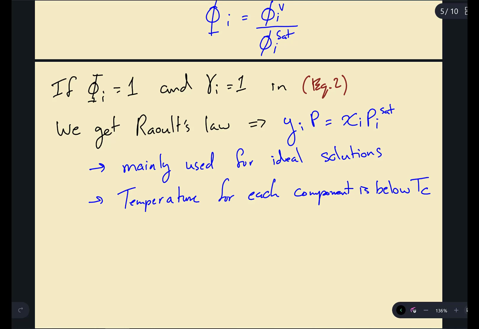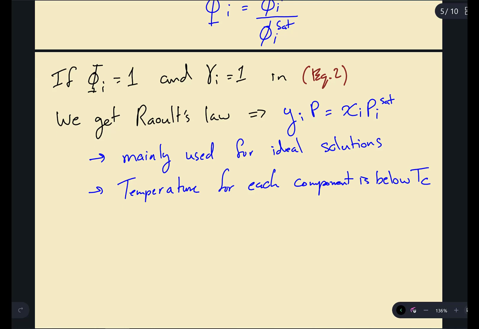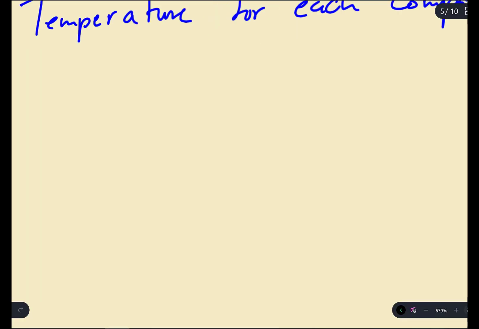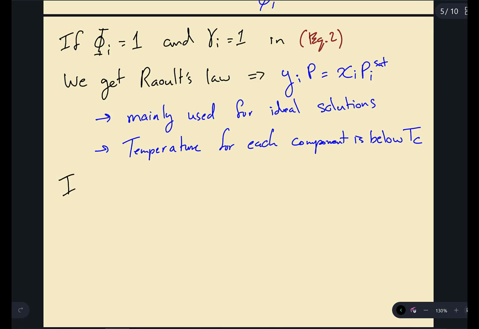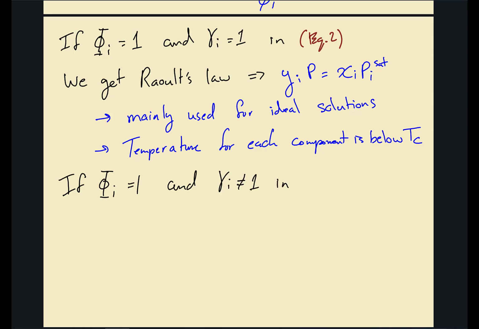The last thing here, just to show you guys, is the modified Raoult's law. Simply, if this new ratio of the fugacity coefficients is equal to 1 and gamma_i does not equal 1, so that remains in equation 2, then we get the following expression.